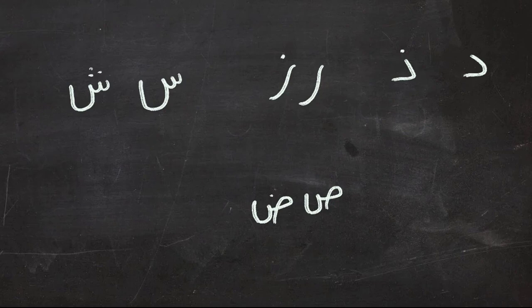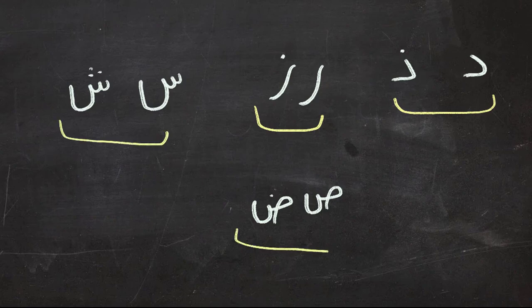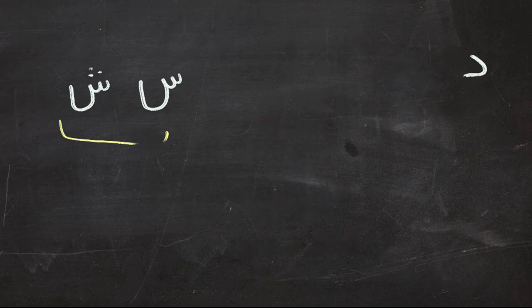So these are the 8 letters that we are going to be talking about in the second lesson. As you can see, I've written down these letters in pairs to show you that these letters belong to the same family. So the first 2 belong to the same family, which means that they behave the same way, and so on and so forth. We talked about that last time, and we explained that letters that belong to the same family behave the same.